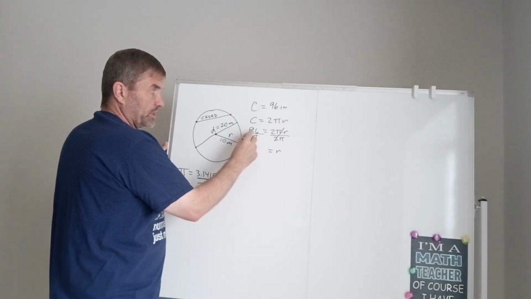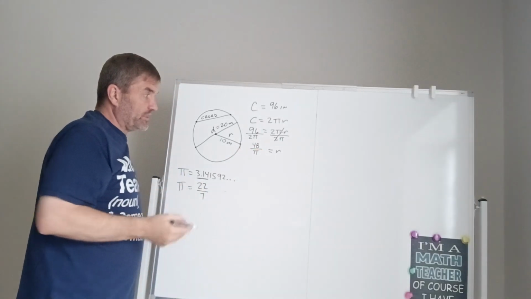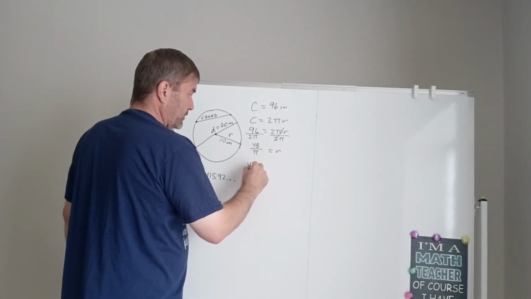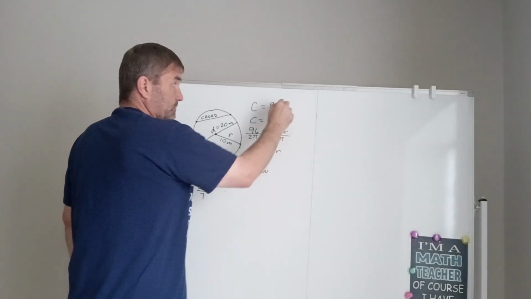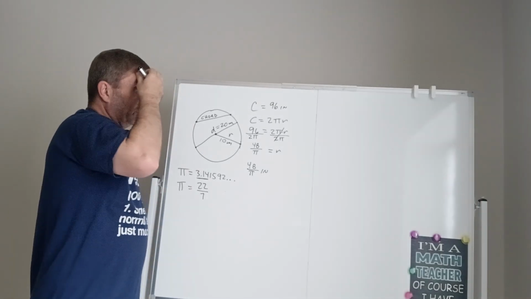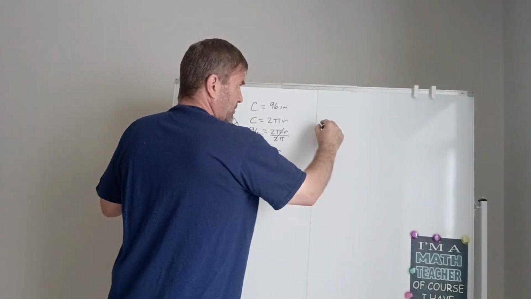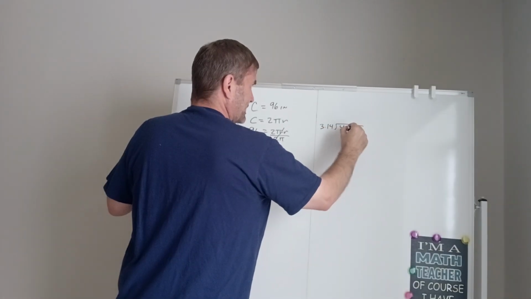Now, 2 will go into 96, 48 times. But now you see the problem, 48 divided by pi. Now, hopefully at that point, they let you leave it like that, and you would say 48 over pi inches, because this was in inches. But if not, now you have to do your decimal division, and if pi is 3.14, you're going to go 3.14 into 48.